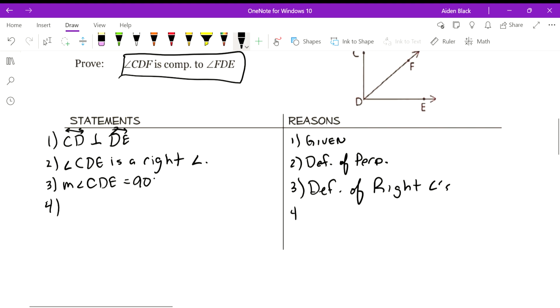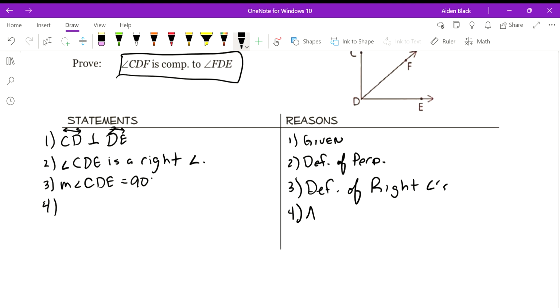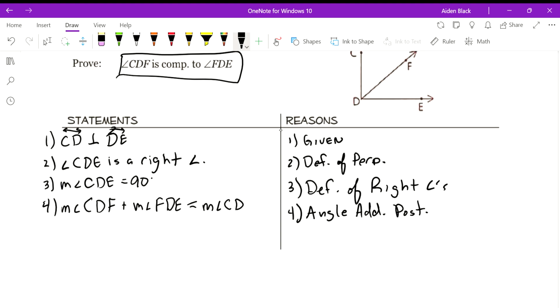Now, my next statement I'm going to use the angle addition postulate to write the following equation. Measure of angle CDF plus the measure of angle FDE equals the measure of angle CDE.